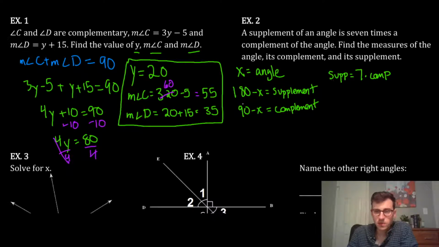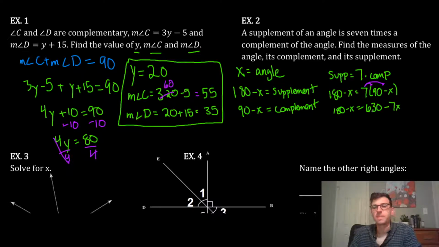Okay, so then supplement 180 minus x equals 7 times 90 minus x. Let's solve it up. 7 distributed to 90 and x. 180 minus x equals 7 times 90. 7 times 9 is 63, so that's 630 minus 7x.